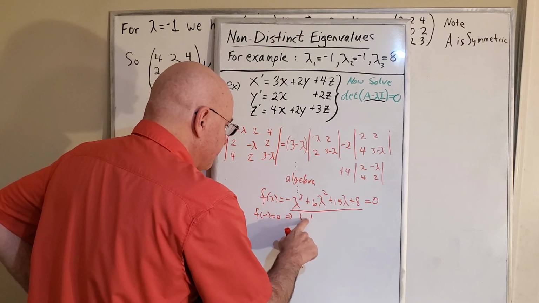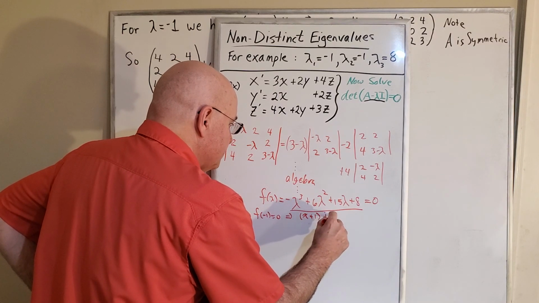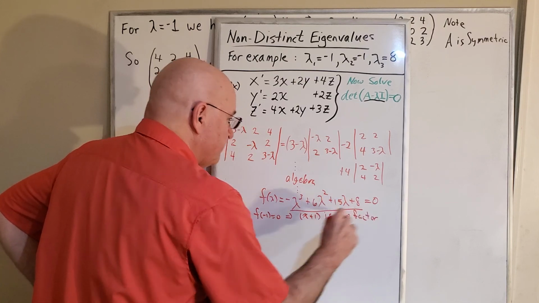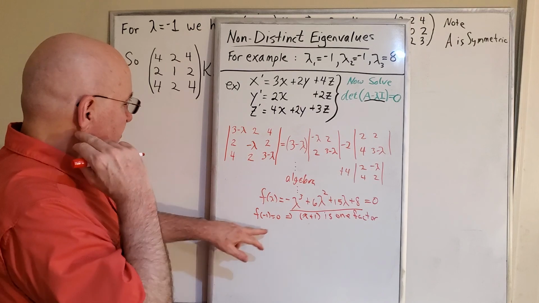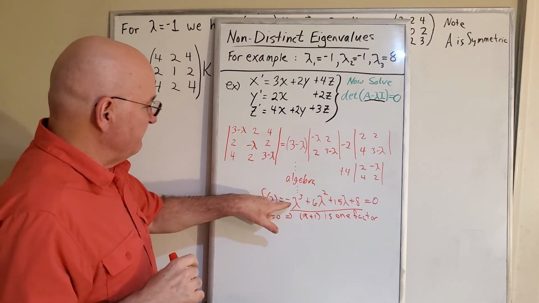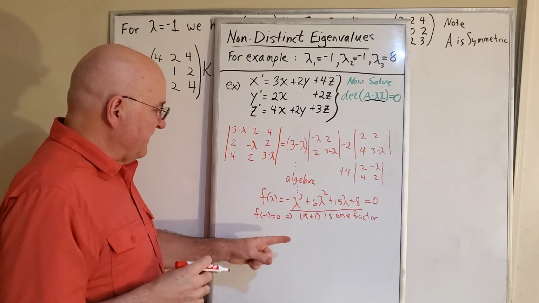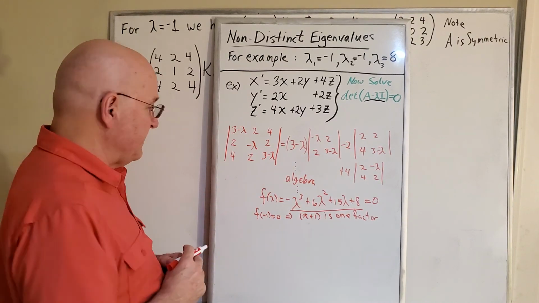lambda plus 1 is 1 factor. So if we did synthetic division, putting a -1 in the cup and the coefficients being -1, 6, 15, 8, we'd end up finding out that it's x plus 1 times some quadratic.